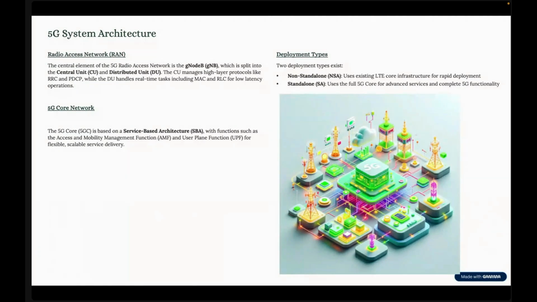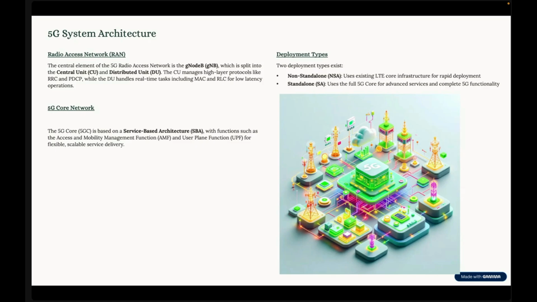Talking about the core network, a few moments ago when I was comparing LTE with 5G, I used the term architecture.